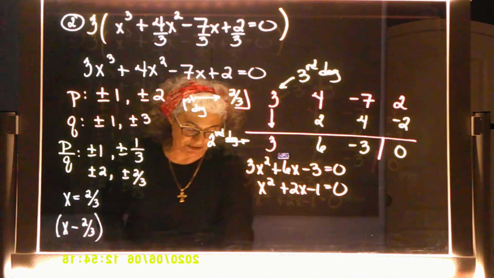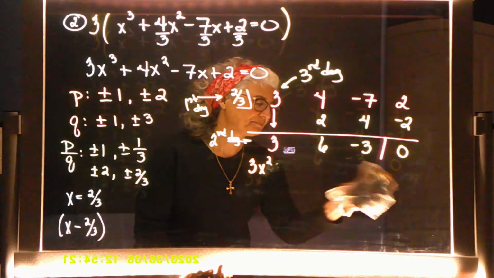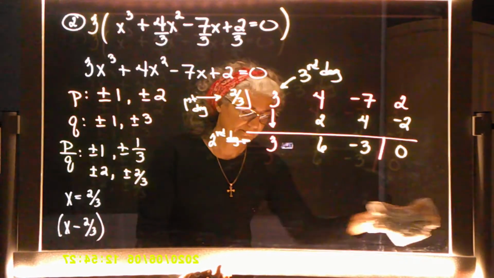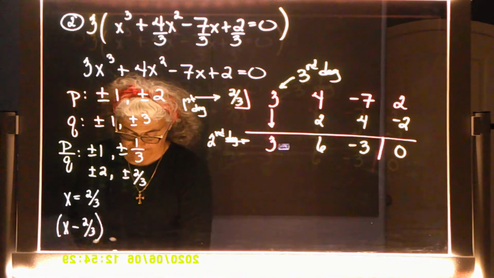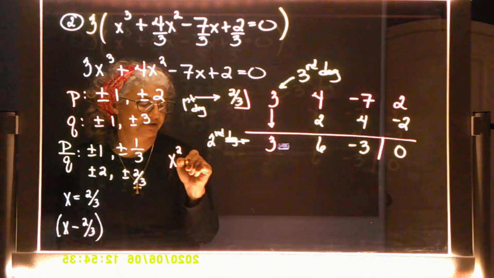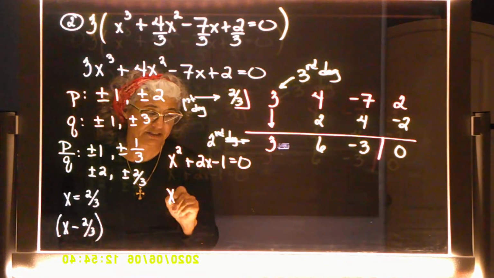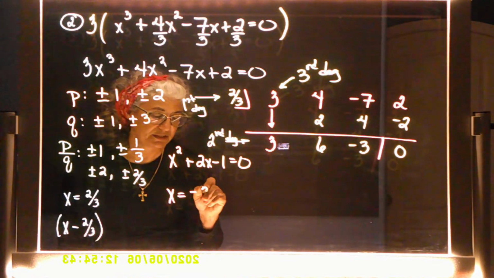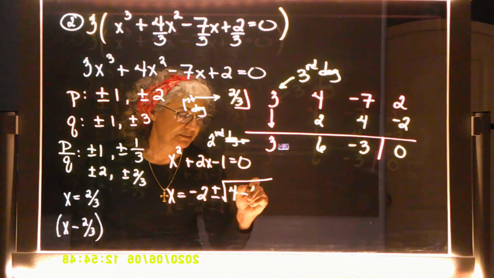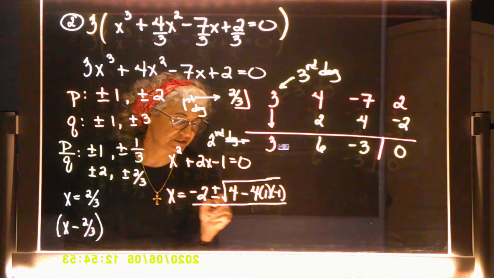All right, so I need to get myself some board space. Okay, so when we divided by 3, we were solving x squared plus 2x minus 1 equals 0. So, quadratic formula time. Opposite of b, plus or minus, the square root of b squared, which would be 4, minus 4 times a times c, all over 2a.